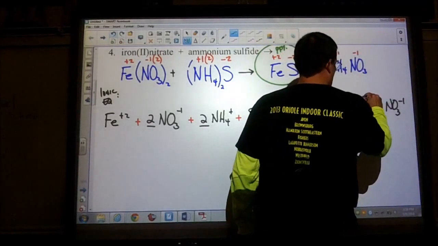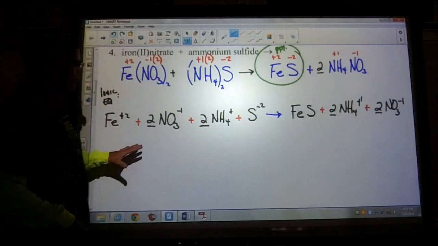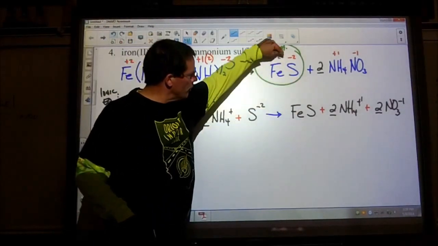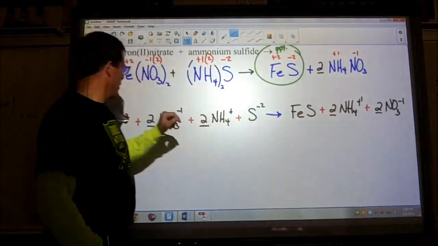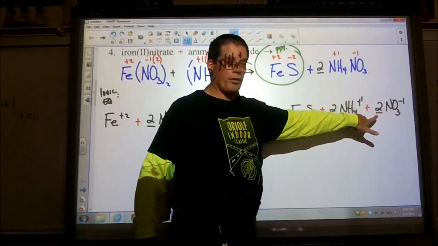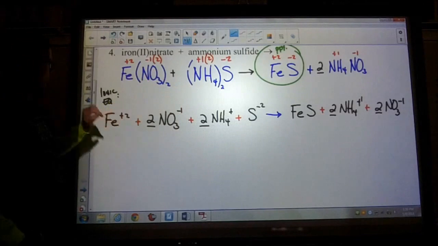Okay. All right, so again, we have our iron sulfide, which is our PPT. Notice how that is still intact together. Our ammoniums and nitrates, these are spectators. These guys here are spectators. They don't change. They're the same on this side as that side.